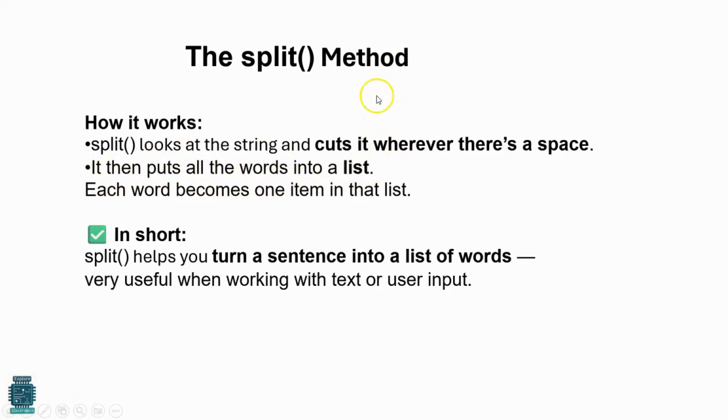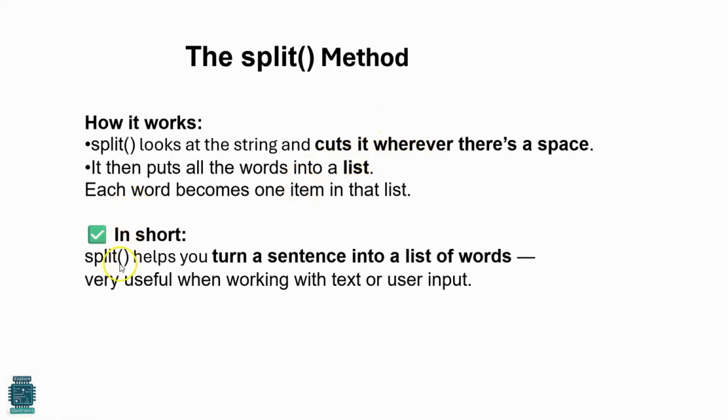That is, "this" separately, "is" separately, and "Shiva" separately. It will put these three words separately in a list. Each word becomes one item in that list. Got it?